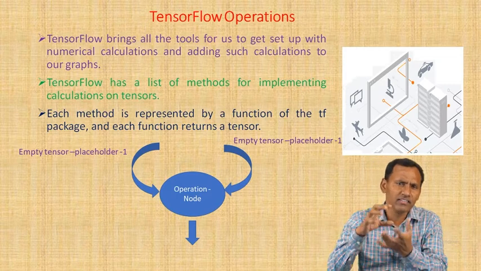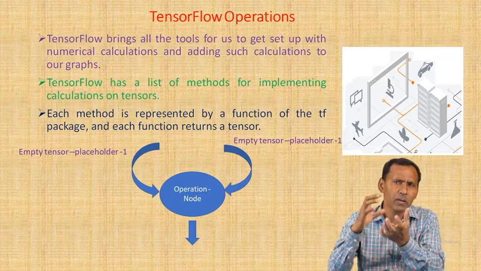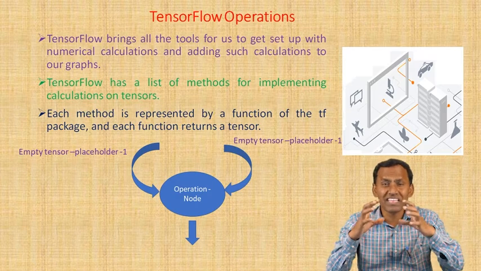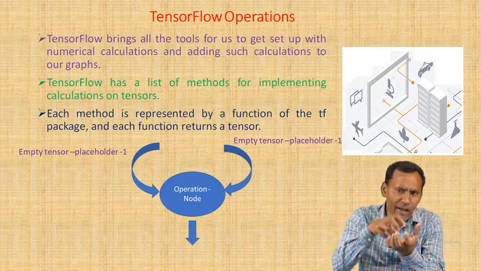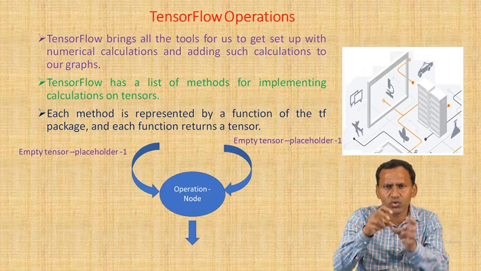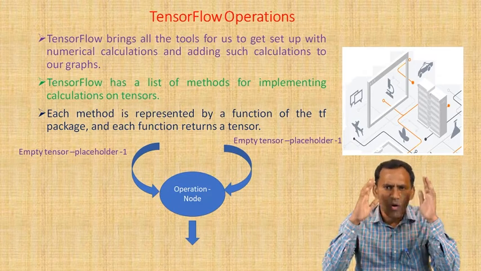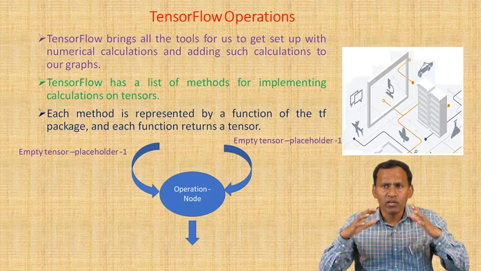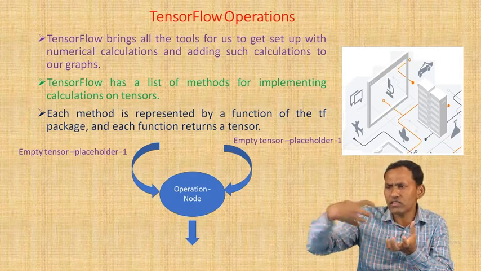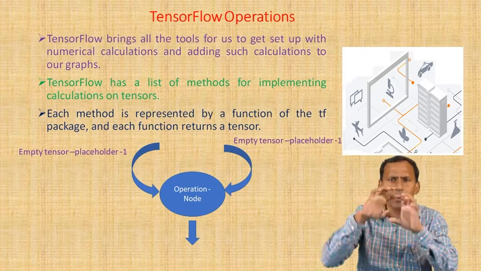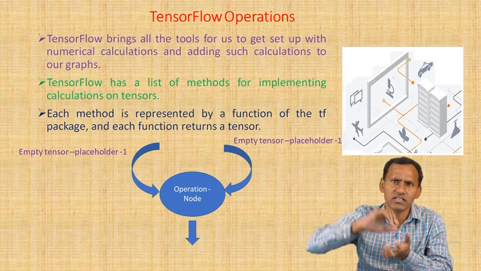Each method is represented by a function of the TF package. By using the TF package, we can use those built-in methods. And each function returns a tensor. That means the function takes tensors, does some operations, and gives the result.